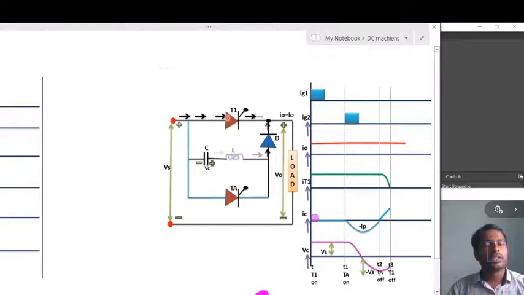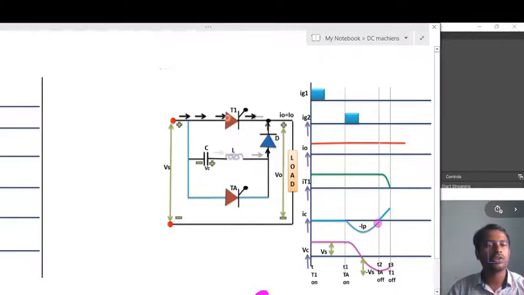Look at this one, this is negative, and this is positive, and this is the positive, and this is the negative terminal. So that negative voltage is applied across the thyristor, and the current in the thyristor is 0. So at this position, the current flowing through the inductor and capacitor is 0.